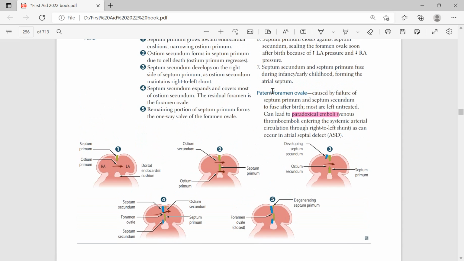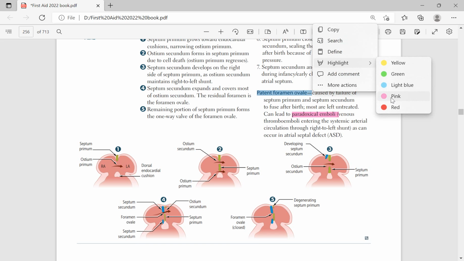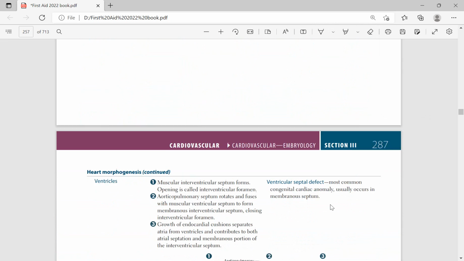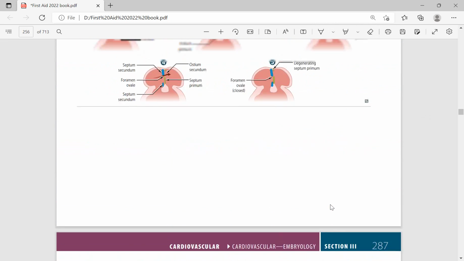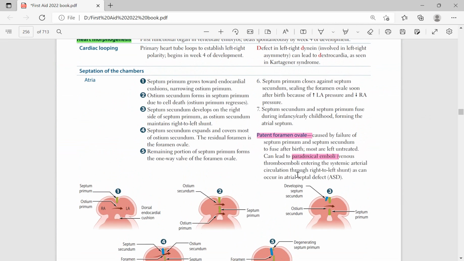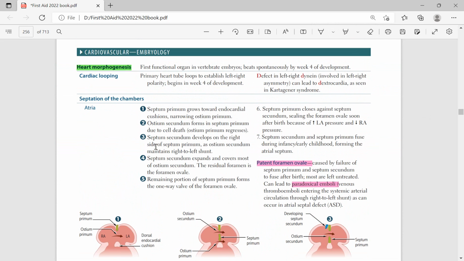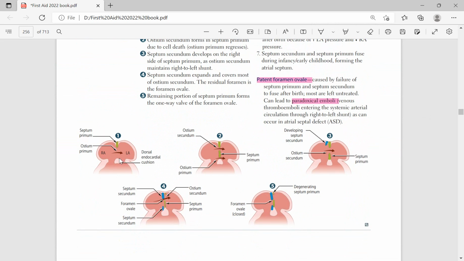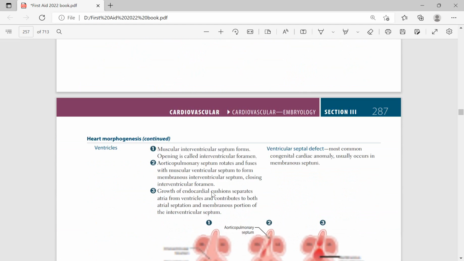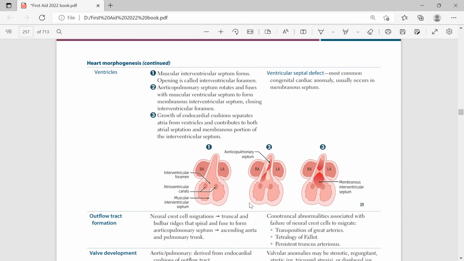Patent foramen ovale can lead to paradoxical emboli. Okay, let's go to the ventricle. We have read how the atria formed, how septation of the atrium occurs. First it was a tube, then atrial septation occurs. Then let's go to the ventricle.